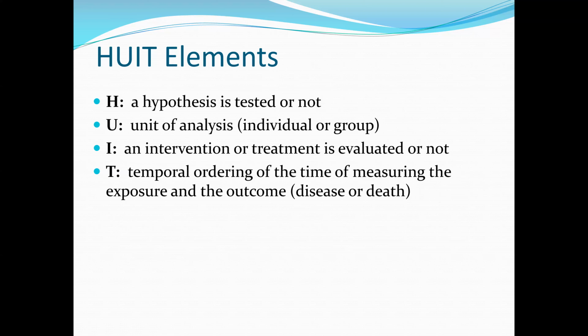So for an individual unit, we collect and also analyze individual data points. An example can be body mass index, or experimental or control assignment. But for a group unit, we need to consider the group as a single entity and collect and analyze the average data, such as per capita fat consumption or the mean BMI.